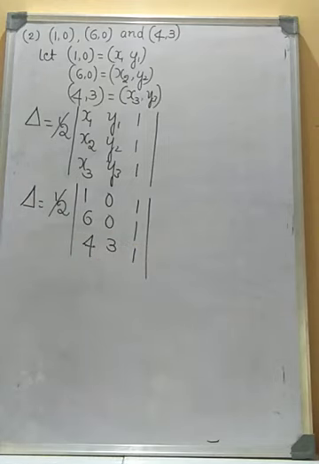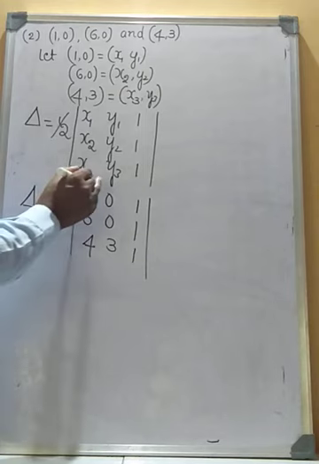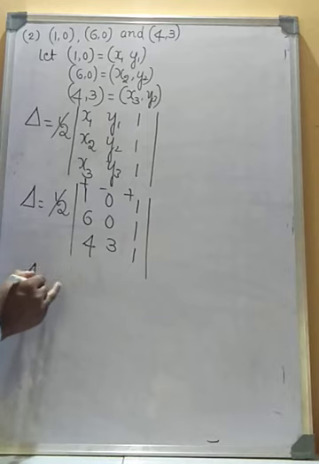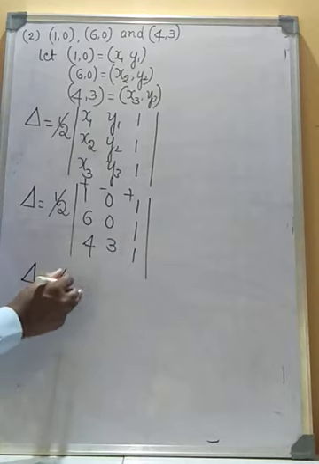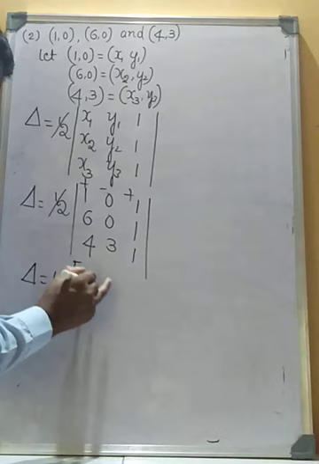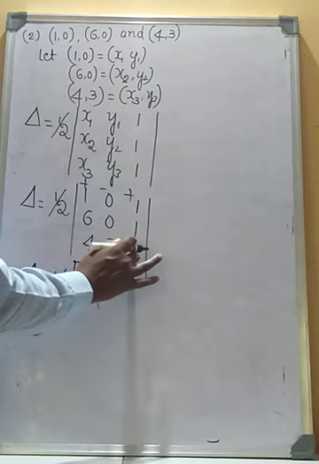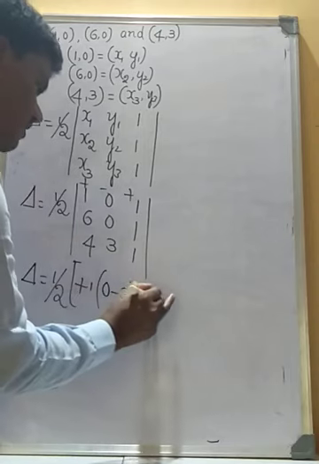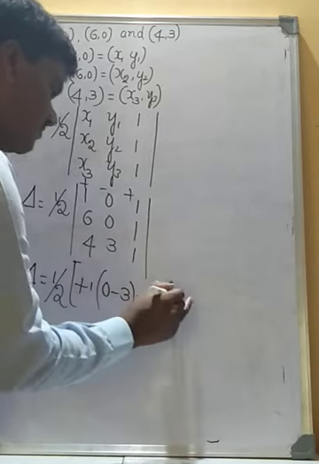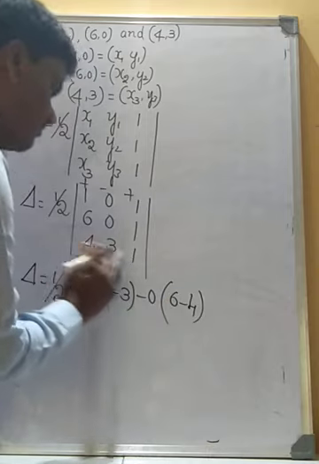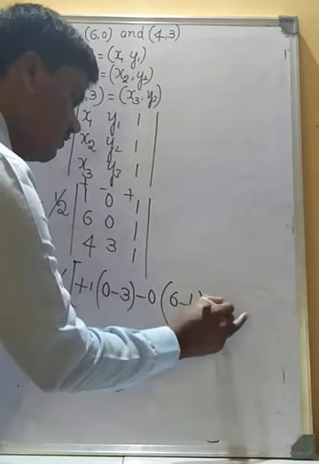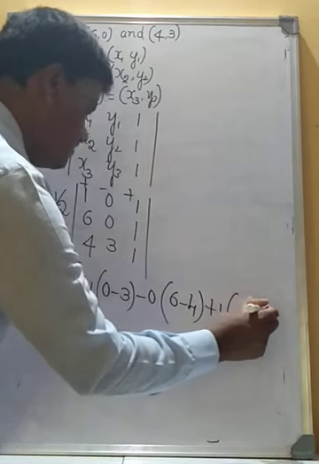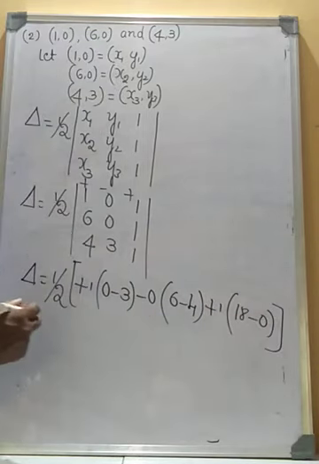Now expanding this determinant along the first row, delta equals half into plus 1 into (0 ones are 0, minus 3 ones are 3), minus 0 into (6 ones are 6, minus 4 ones are 4), plus 1 into (6 threes are 18, minus 4 zeros are 0).